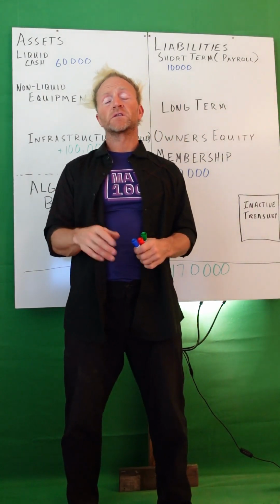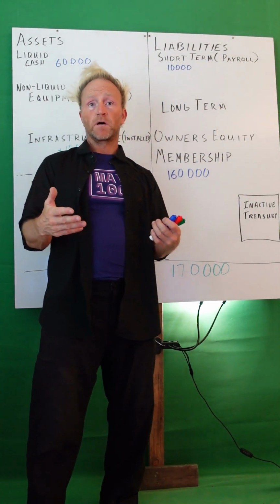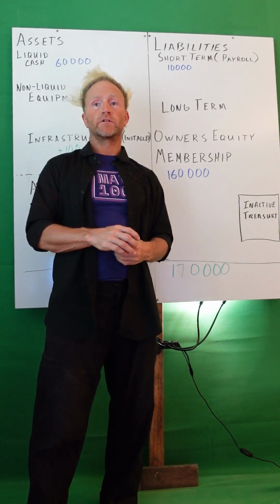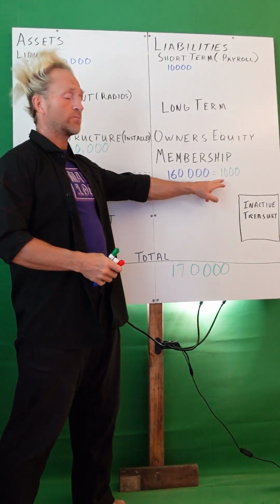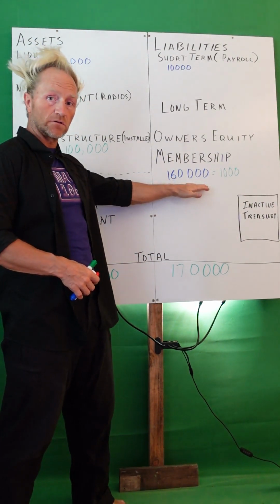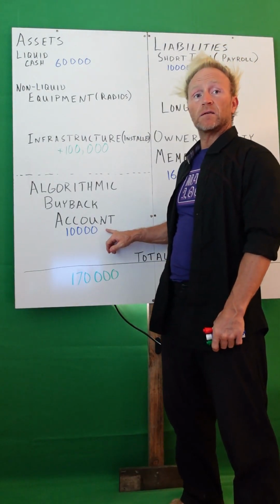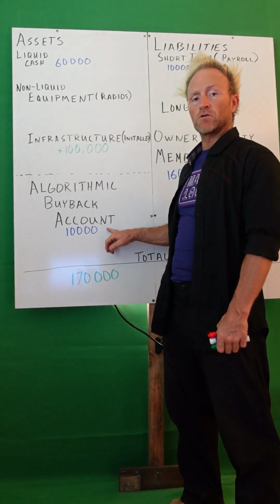And this is our first introduction to a scalar coefficient, or theta, as it corresponds to how we operate our cooperative in a trustless and decentralized manner. Let us say we have about 1,000 memberships, and they're valued at $160,000. We are going to set the algorithmic buyback account theta to 0.0001.